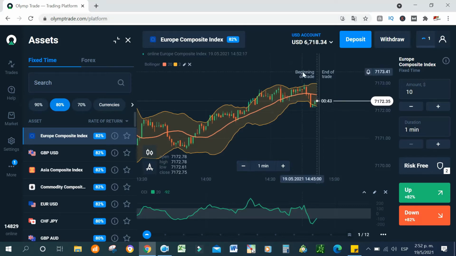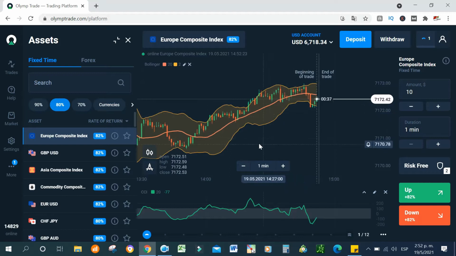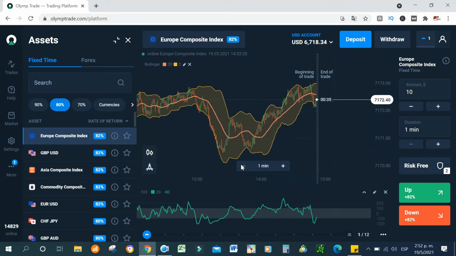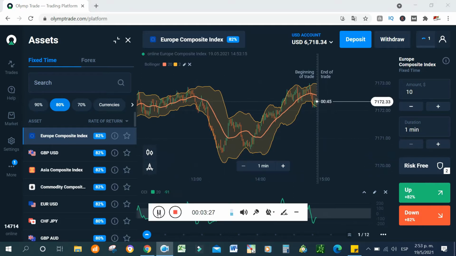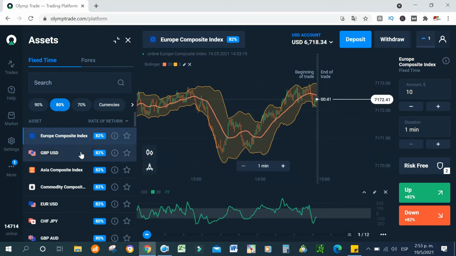I have reached that amount because I've been very disciplined with this strategy, and I don't care if I lose a trade or two trades. I keep being disciplined. So let's see if we can find some opportunities with this strategy.